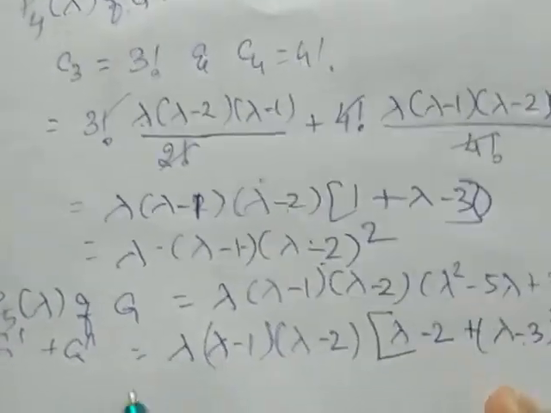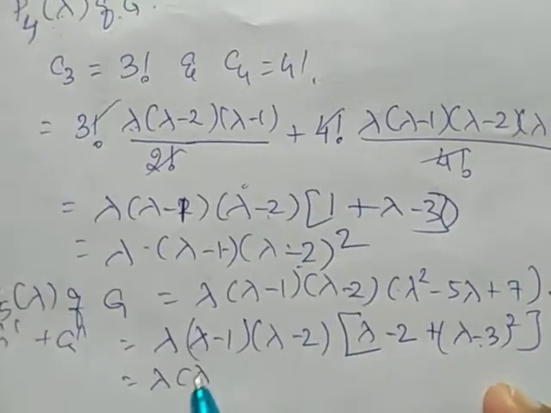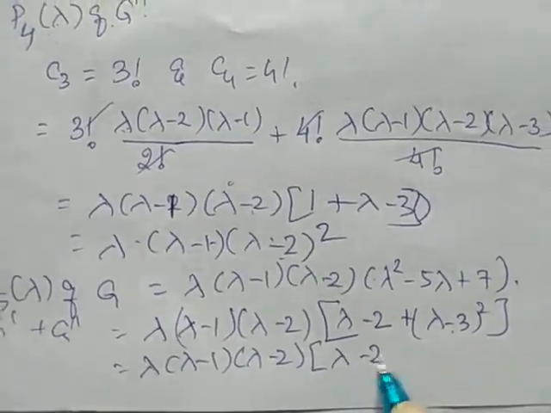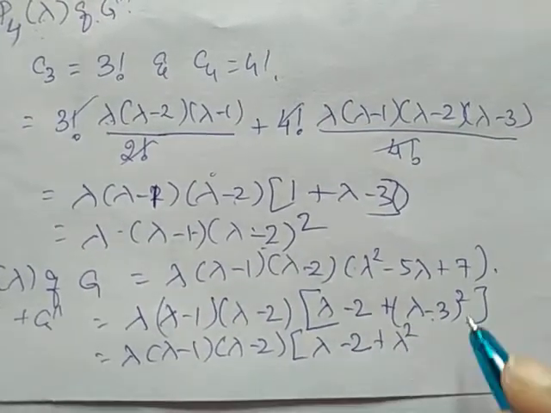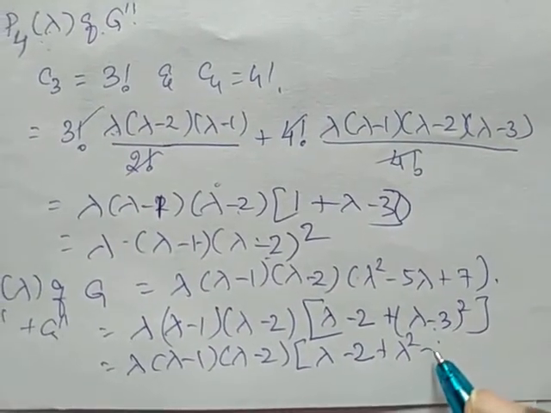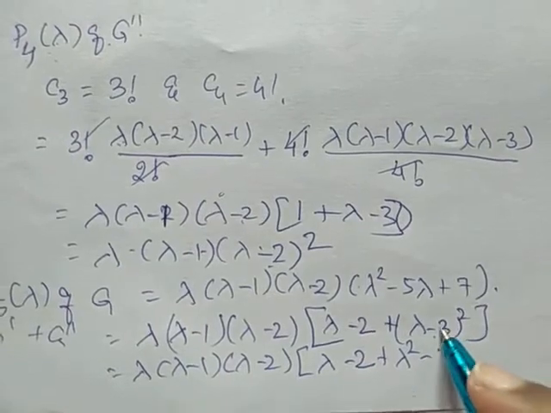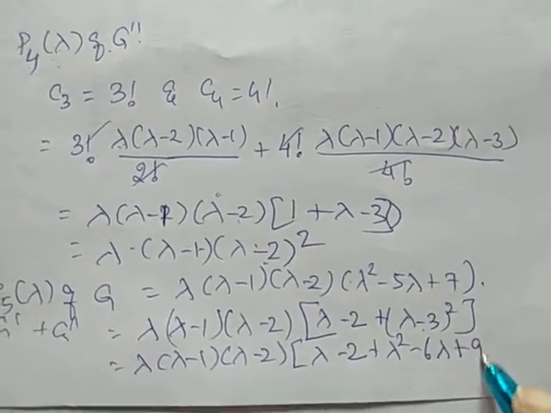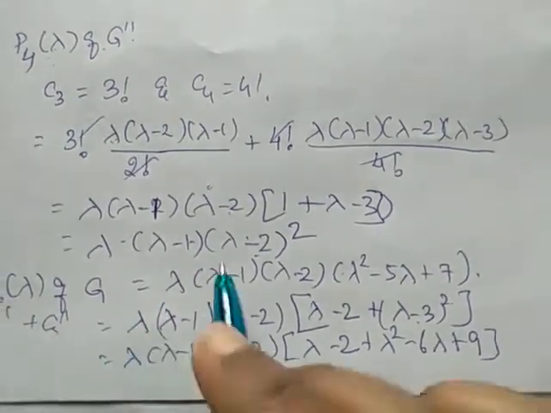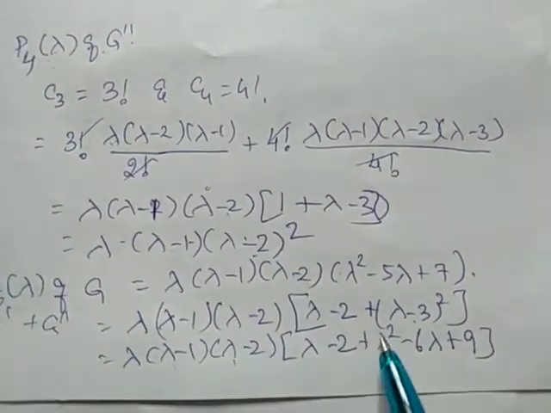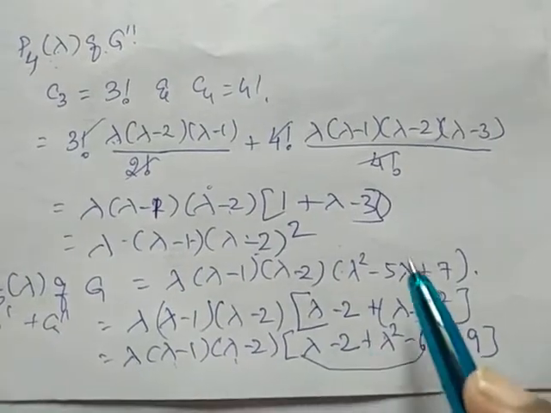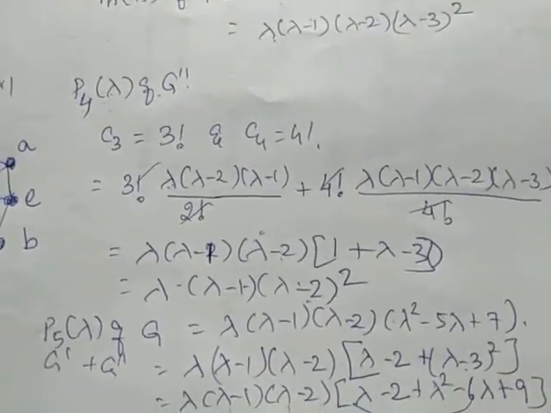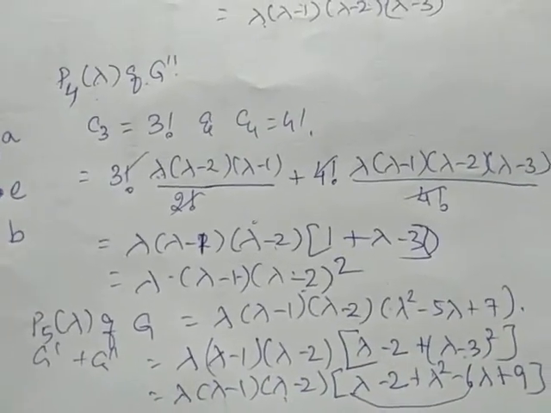When I expand it, lambda, lambda minus 1, lambda minus 2, lambda minus 2 plus lambda square minus 6 lambda plus 9. So we got lambda, lambda minus 1, lambda minus 2, lambda square minus 5 lambda plus 7. So hence this theorem is true for all graphs.